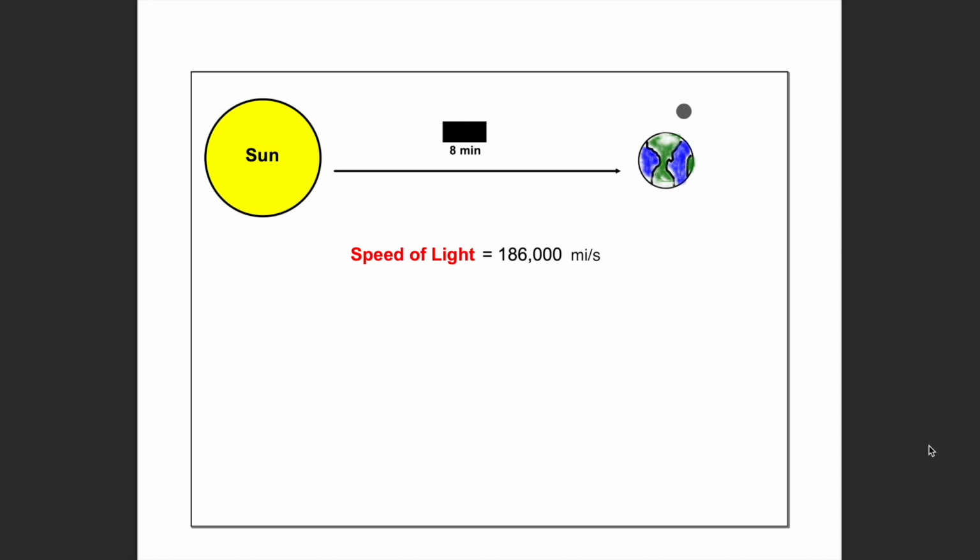So one example is the speed of light. The speed of light is 186,000 miles per second. And between the sun and the earth is 8 light minutes. So it takes 8 minutes for the light of the sun to get to the earth. To get that really big number, we say it's 186,000 miles per second, and there are 8 minutes.